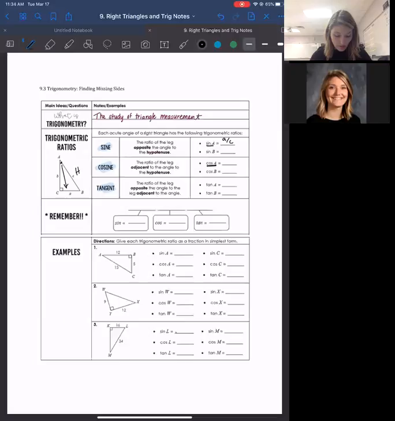Cosine of angle A would be what is adjacent to angle A, and that's going to be little b right here, over the hypotenuse, which is still C. And then tangent is always opposite over adjacent. So opposite of A is little a, and adjacent to angle A is little b. I forgot to write the cosine. I wrote it in the wrong spot. I'm sorry.